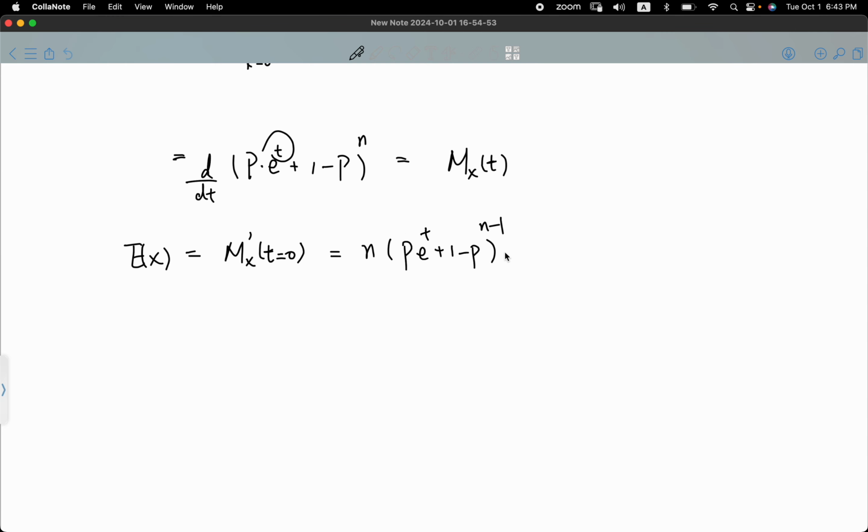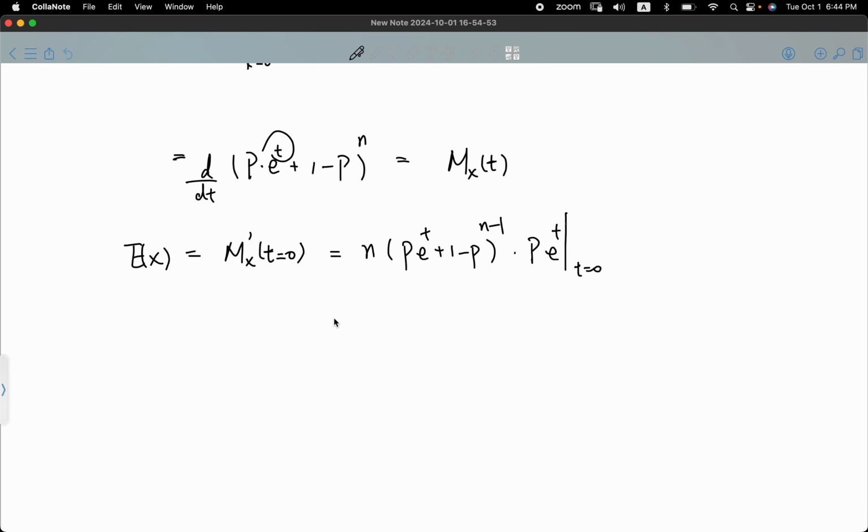Now we work on the parentheses: multiply by p, the coefficient of the term involving t, and the derivative of e raised to the power of t is e^t. So that is the first-order derivative; then set t equal to 0.